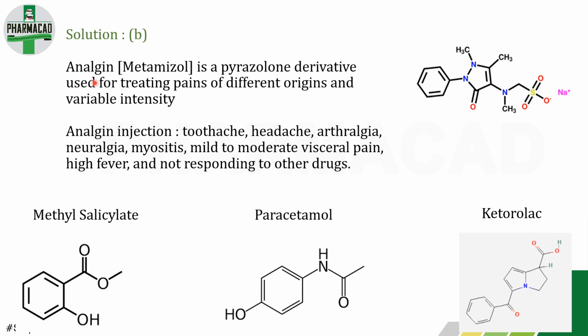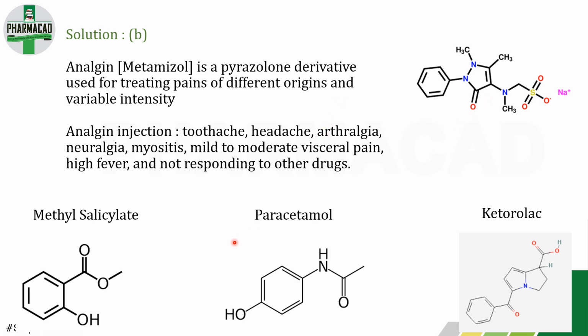Okay, so we have analgin, that is option B, which has this pyrazolone derivative, and it is used for treating the pains of different origins and variable intensity. We have analgin injection, which is given during toothache, headache, neuralgia, and in all these conditions. So we have this pyrazolone ring over here, which is present in analgin.